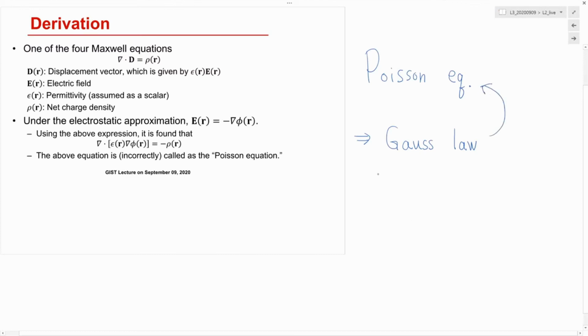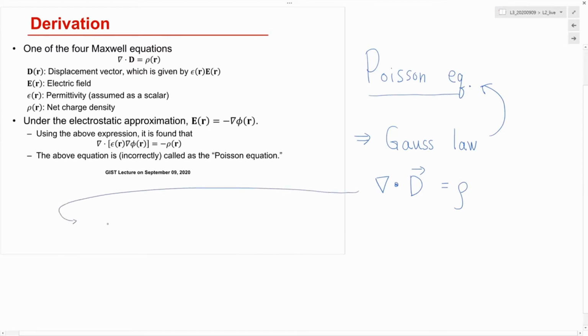If we consider the material responses, then the general form looks like this. This is the general form of Gauss law within a dielectric material. In order to make it a Poisson equation, we have to make certain approximations.